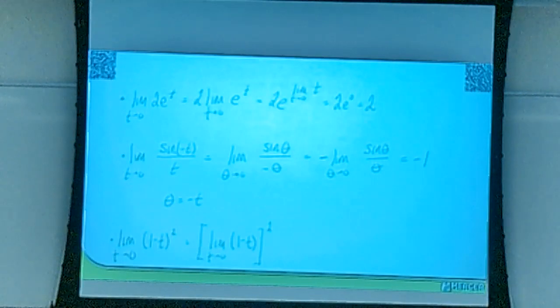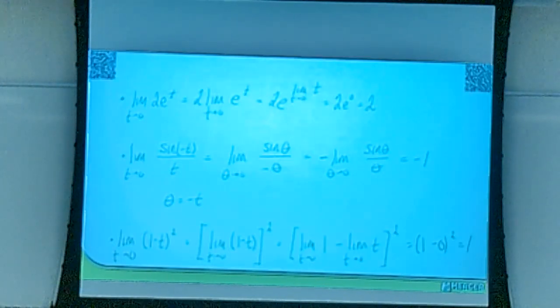And again, I'm going to break it down. Difference rule. What's the limit of a constant? Which makes that limit 1. 1 minus 0 squared, 1 squared, 1.